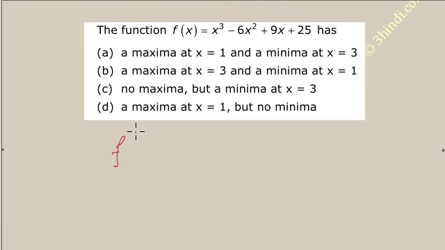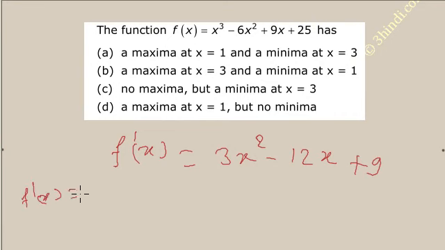So f dash x is equal to 3x square minus 12x plus 9. If you solve f dash x equal to 0, you will get the roots 1 and 3. So the critical points are 1 and 3.